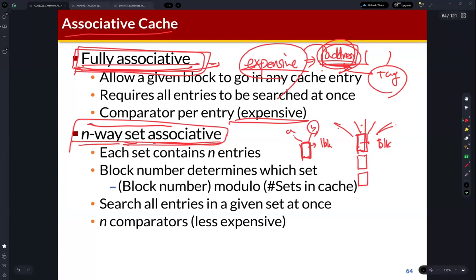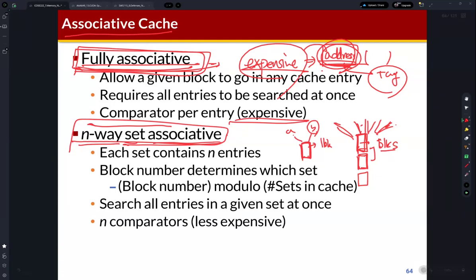We can avoid this case if we make multiple blocks available for the mapped memory blocks. This is the set associative cache idea.